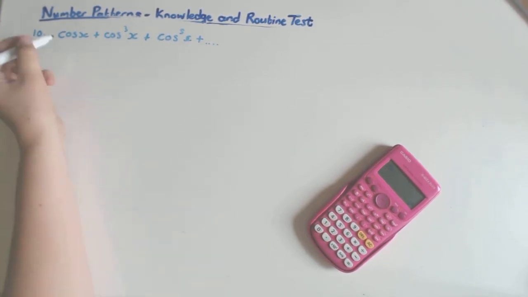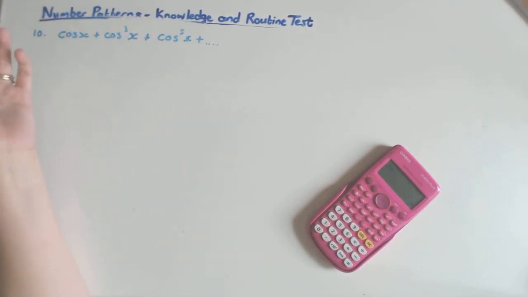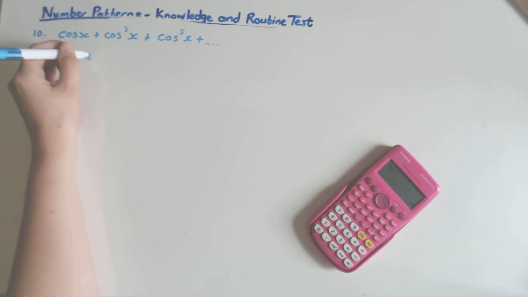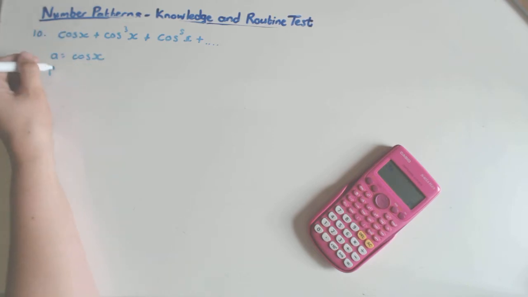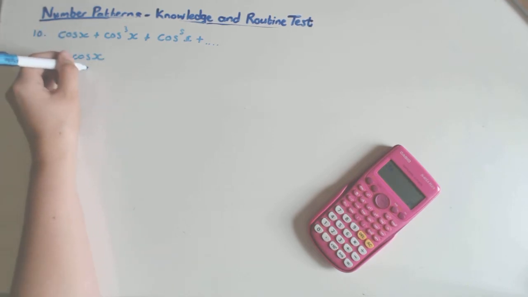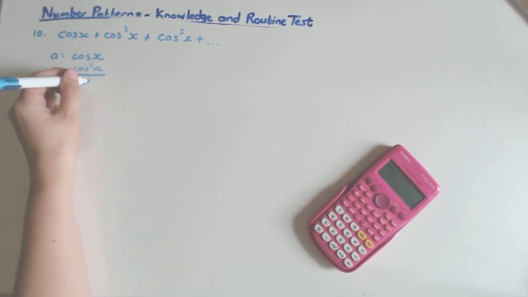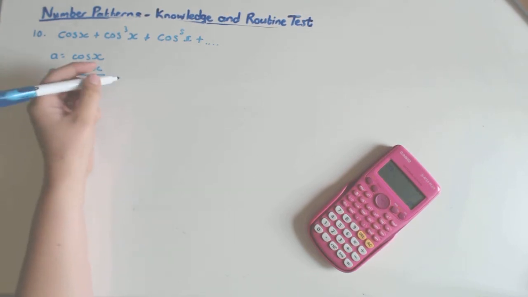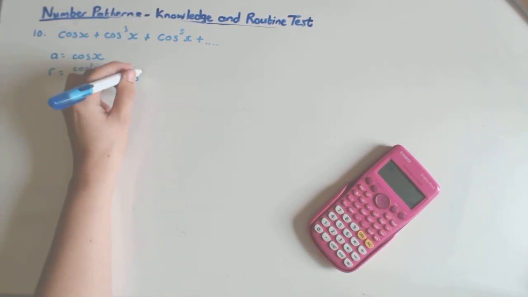Right, now can you see, if it's a geometric series, it means my first value is cos x. Geometric series have an r value, which should be cos cubed x over cos x, which is my second term over my first term, and cos cubed over cos is cos squared x.